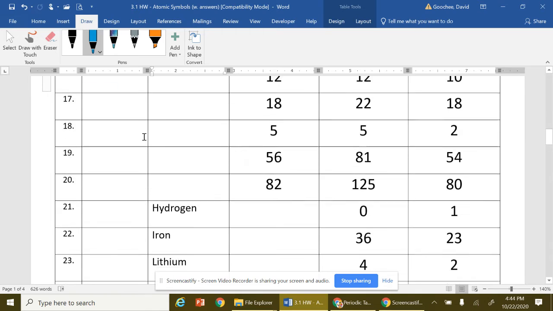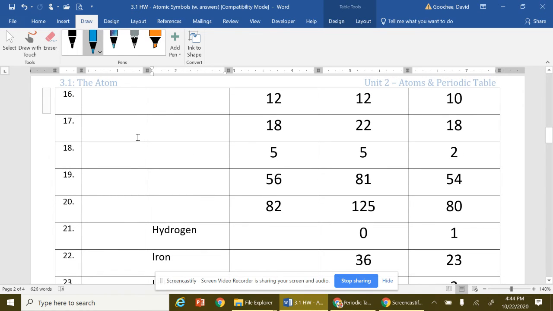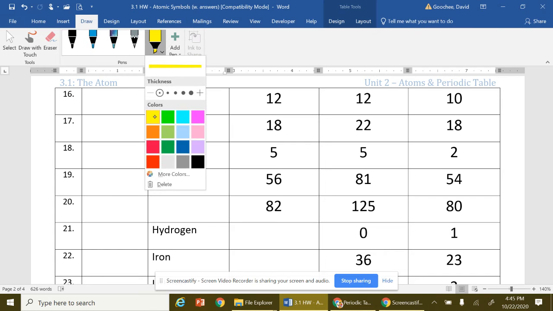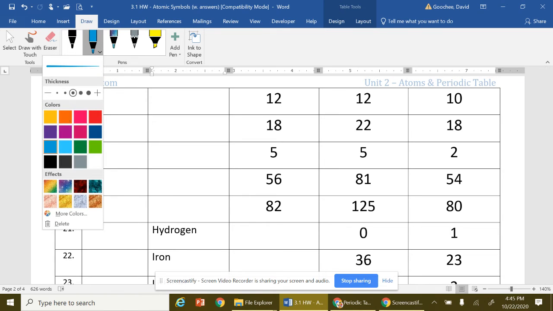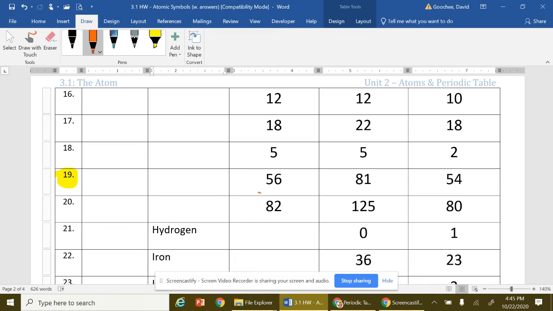Okay, let's do another one down here. Let's see here, ones that aren't on the sheet. Let's do number 19. That's a tricky one. What is the name of this element? Well, once again, it seems like the most important column to start with is the protons.